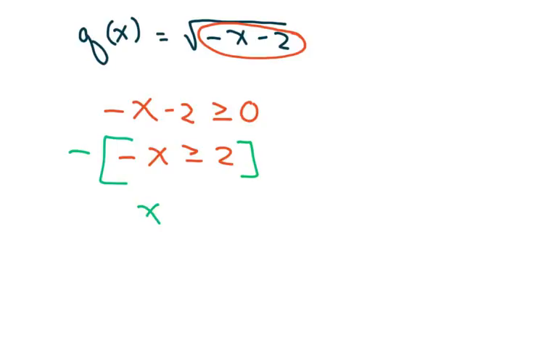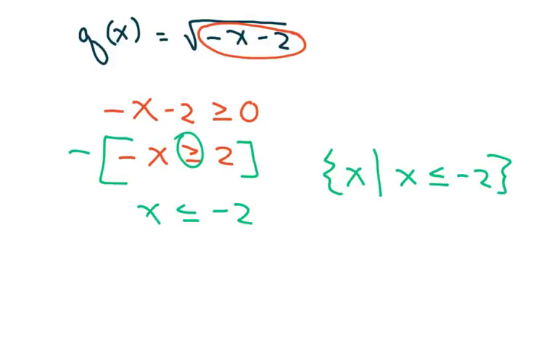So you got to flip that. So x is less than or equal to negative 2. And you can just write it like this. The domain is x such that x is less than or equal to negative 2, or we want it to be all real numbers, but the restriction is x is less than or equal to negative 2.